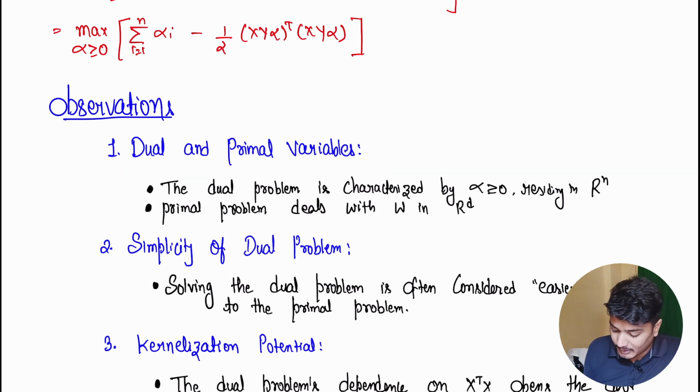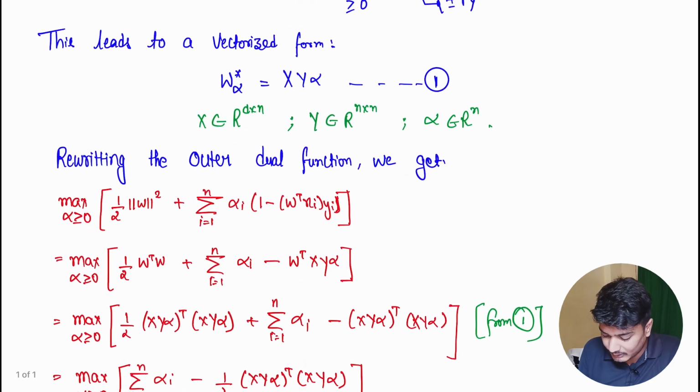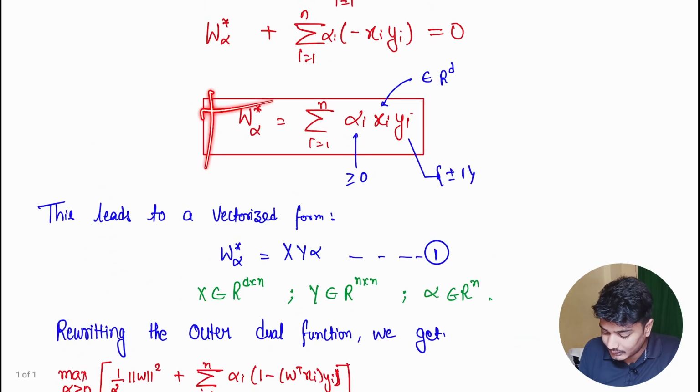The observation is that the dual problem is characterized by alpha greater than or equal to 0, as you can see here, in R^n, and the primal problem deals with w in R^d. So this is our primal problem solution, right?